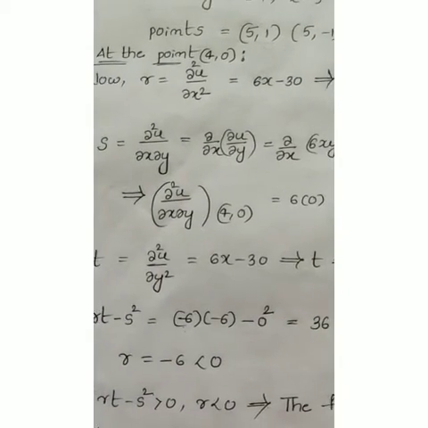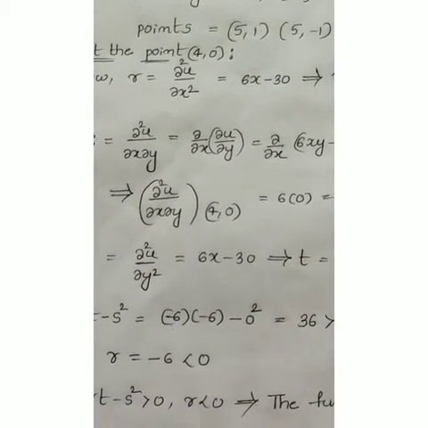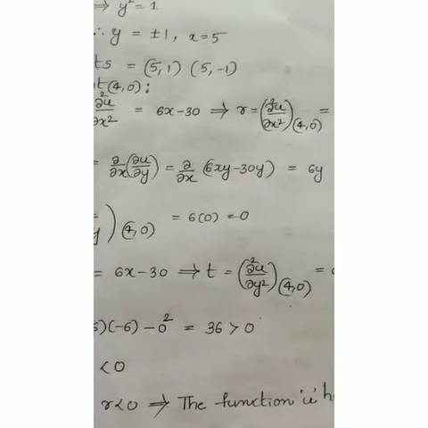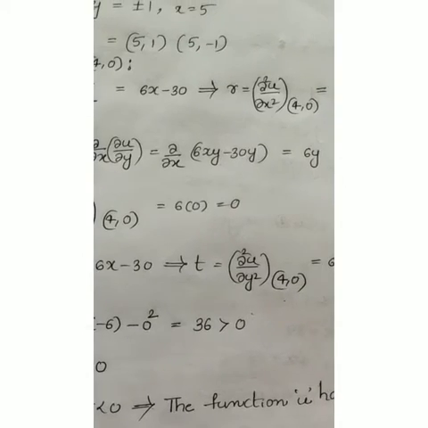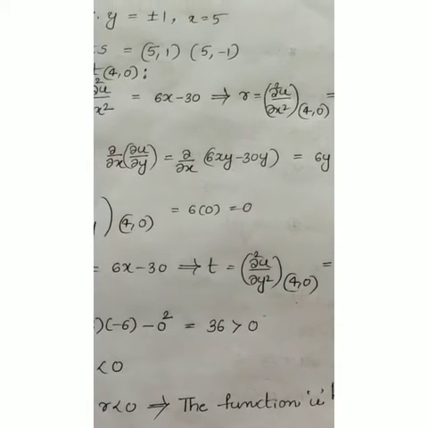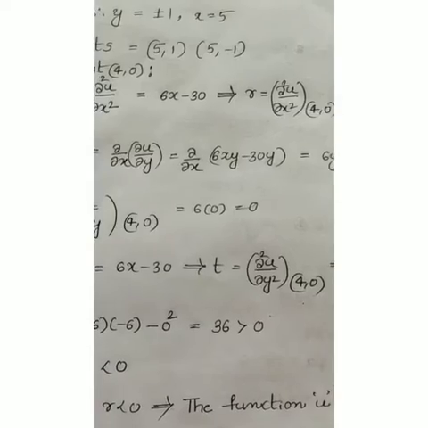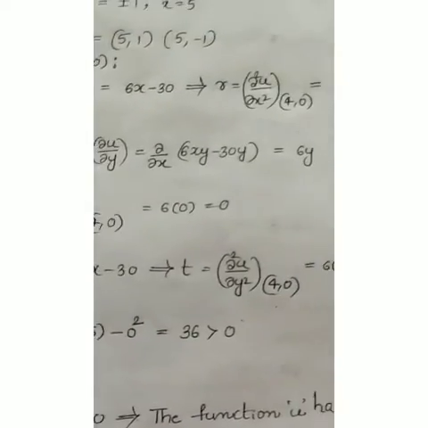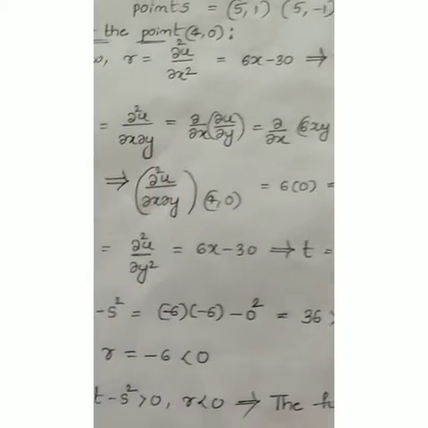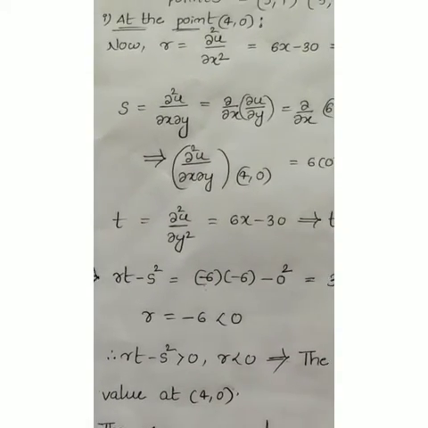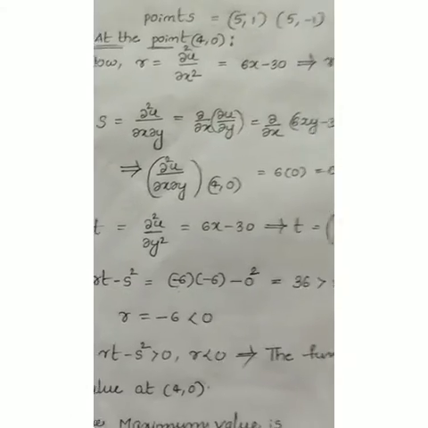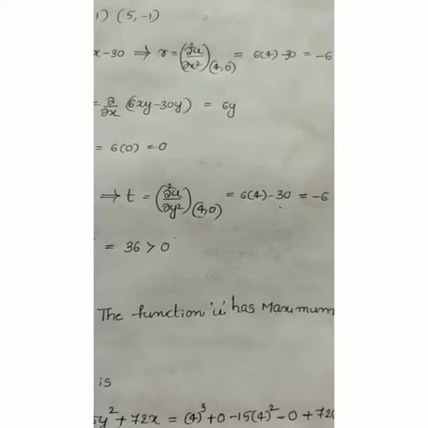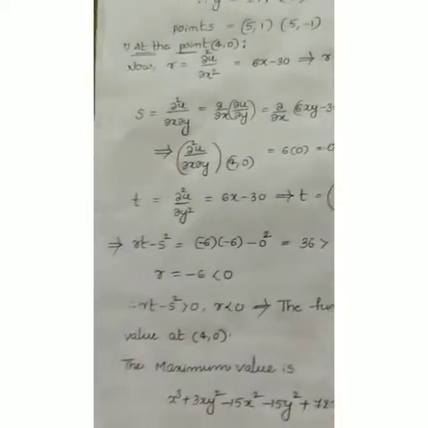And s equal to dou square u by dou x dou y, that is dou by dou x of dou u by dou y, which is 6xy minus 30y, so we get 6y. At the point 4 comma 0, 6 into 0 is 0. Then t equal to dou square u by dou y square, that is 6x minus 30, at the point 4 comma 0, 6 into 4 minus 30, that is 24 minus 30 is minus 6.